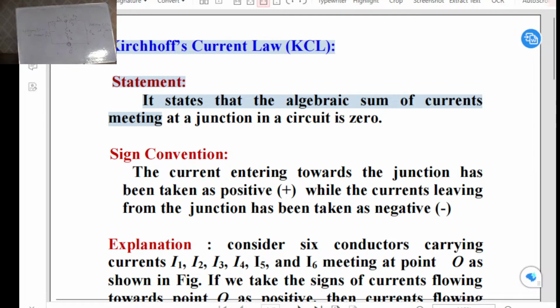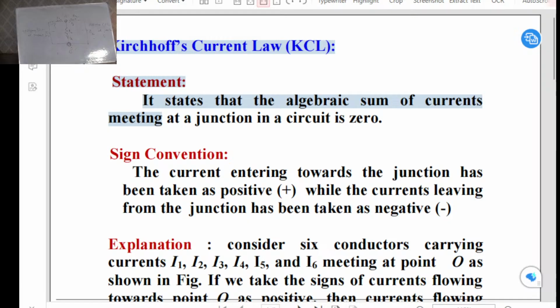The first condition is the algebraic sum of currents meeting at a junction. All should meet at a particular point. This is condition 1. Condition 2: we have to know the sign convention also to prove 0.